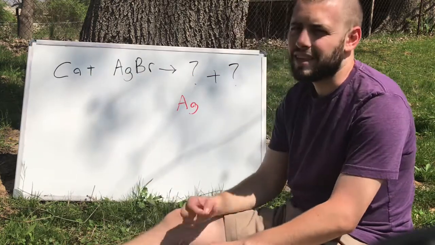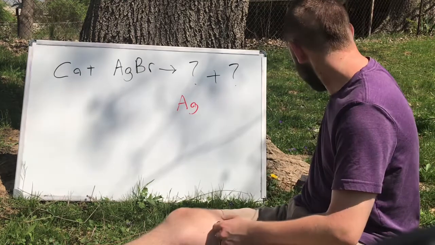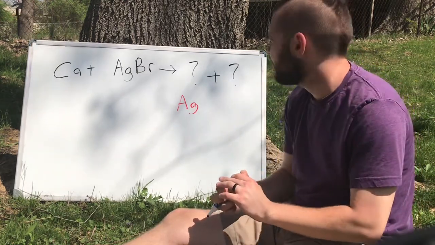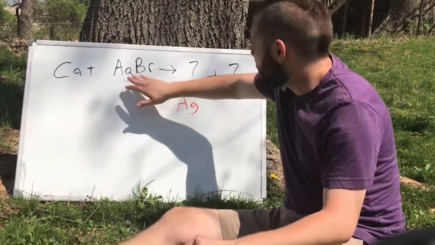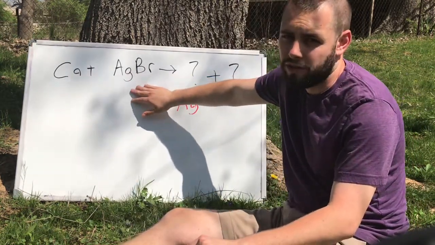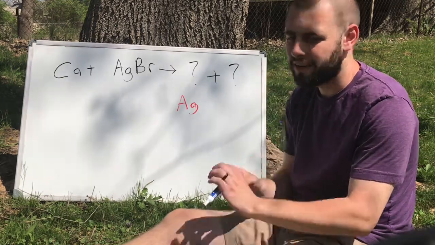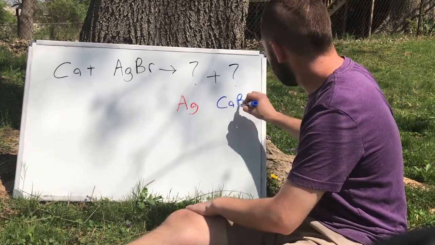It's that stability that's driving this reaction to take place. Now let's think about the compound that we made. Calcium was by itself, so now it's going to be part of our compound. I know I'm going to see this mistake be made. People are going to show me something like this.